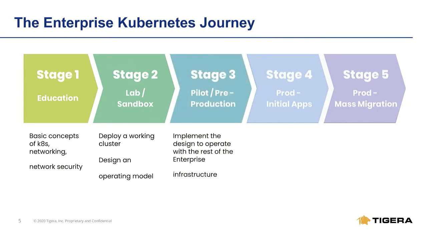So stage 3 is generally where we first start running real applications in Kubernetes. And generally, we're going to find something that's not mission critical. It's probably going to be a clone or something that's running in parallel to the real application that end users are using.